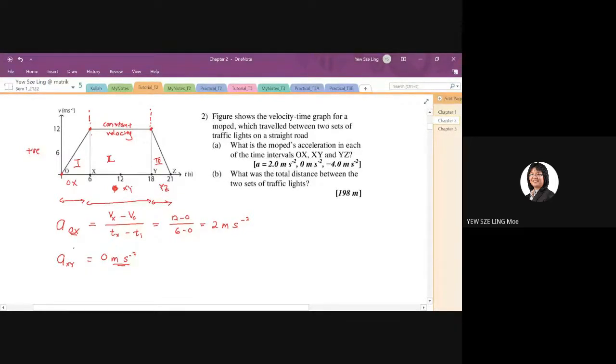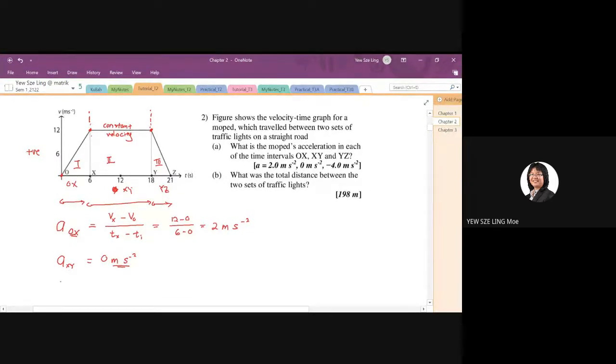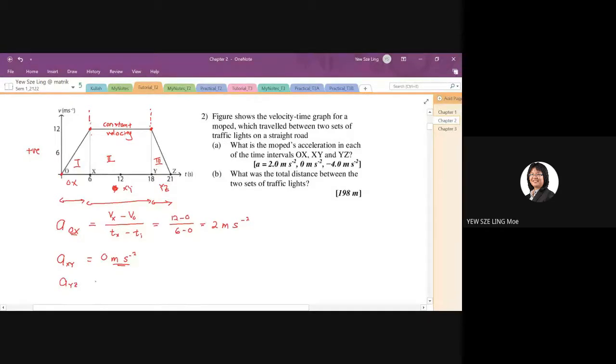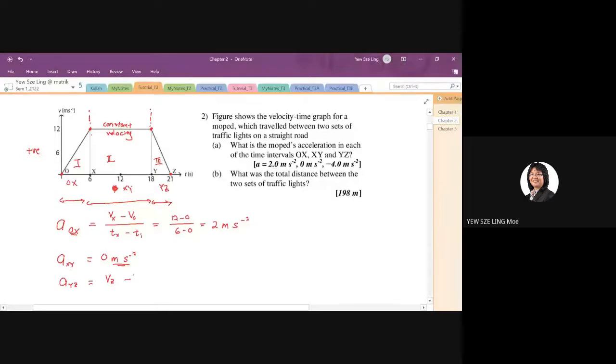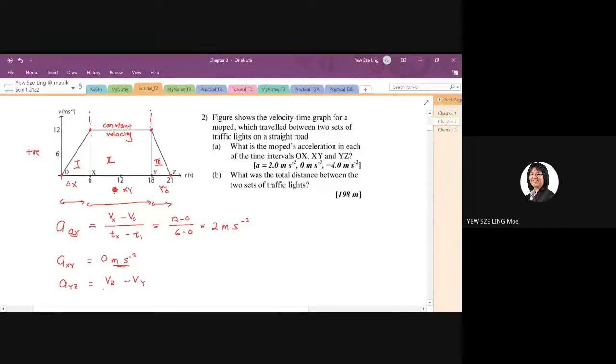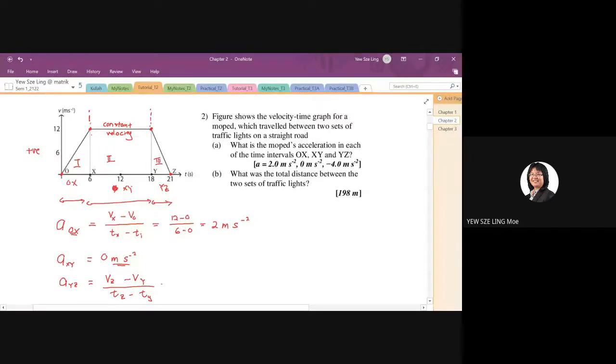Now, what happens from Y until Z? So a_YZ is equal to, now your V final is at Z. So (V_Z minus V_Y) divided by (T_Z minus T_Y).